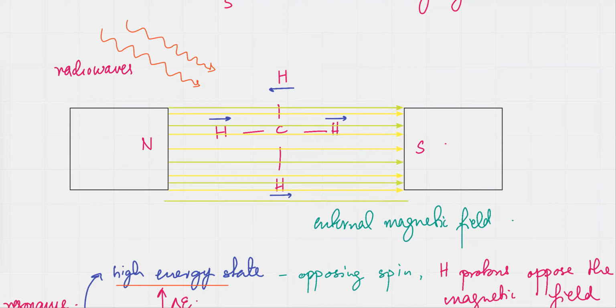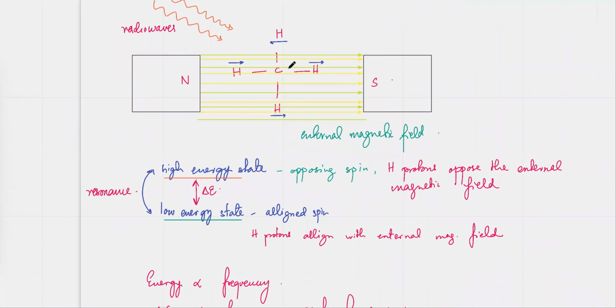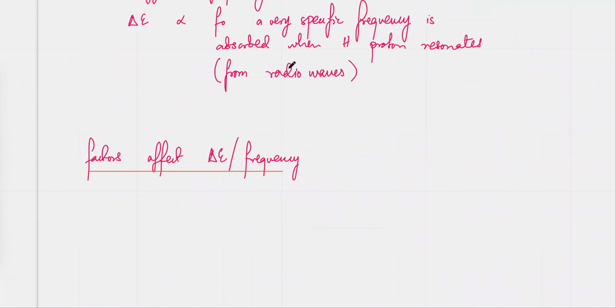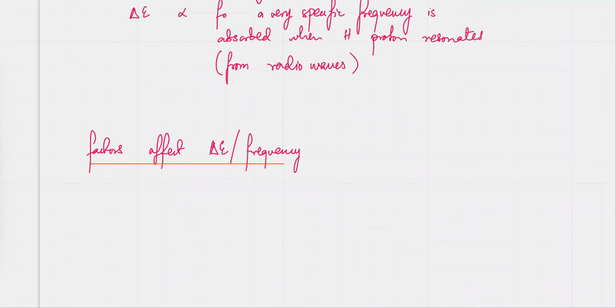So what's going to happen in this case is that it would become much harder for the protons to resonate. Is this point clear? That a stronger magnetic field, it would be a lot more difficult for the hydrogen to point in the wrong direction. Yes. Okay. So factor number one is the strength of the external magnetic field.